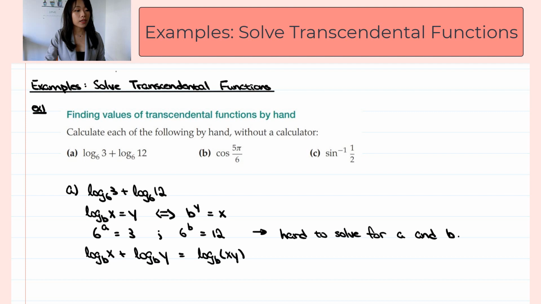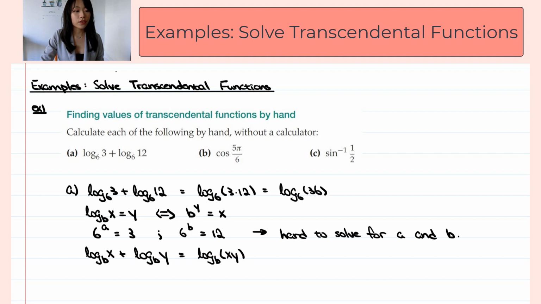So I can rewrite this equation as log with base 6 of 3 times 12. 3 times 12 is 36, so this becomes log with base 6 of 36.